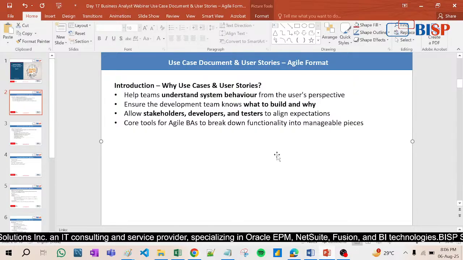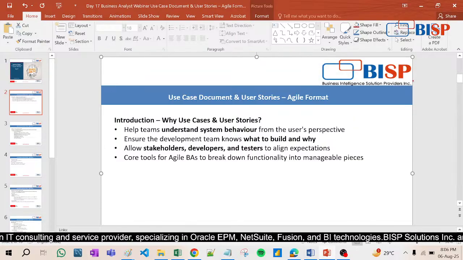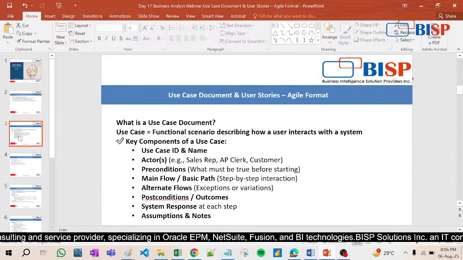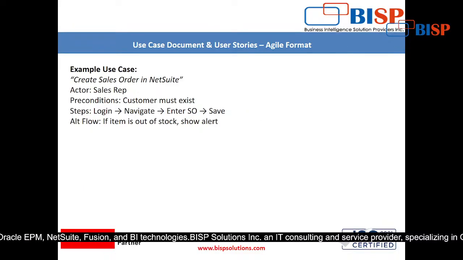It will be clear to you once I complete this. Now let's come here. Look at this. What is a use case document? A use case is a functional scenario describing how a user interacts with a system. Now let me show you this example use case: create a sales order in NetSuite.